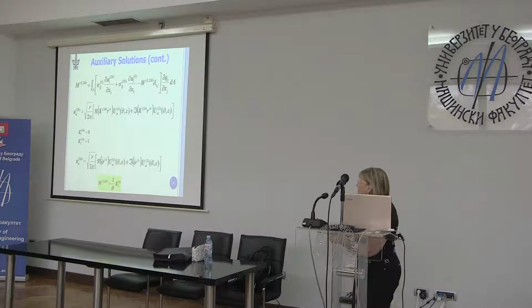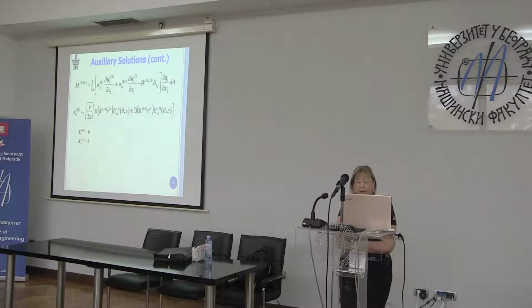Sigma 1 is the sought after solution, and U1, and we have auxiliary solutions, and we calculate the integral, and in this case we're able to find K2, and K1. So we use the M integral, or the interaction energy integral.